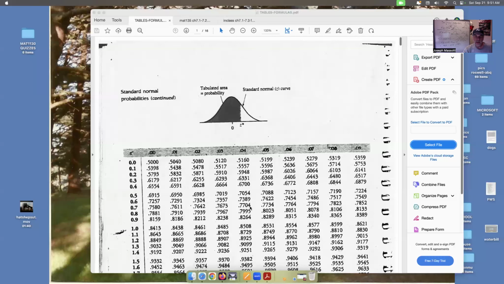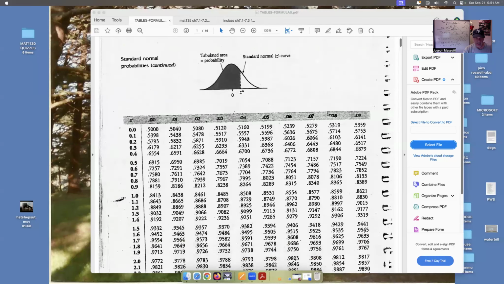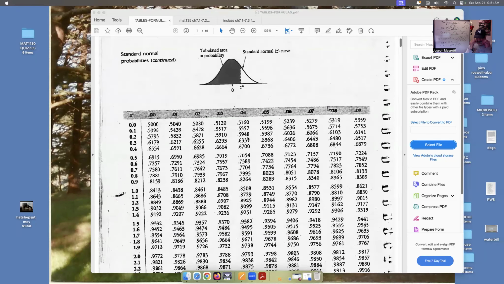So here is the standard normal table that I'm going to give each one of you. And notice how this is set up. This is the standard normal distribution here, standard bell curve, 0's in the middle, and the z values are along this horizontal axis.